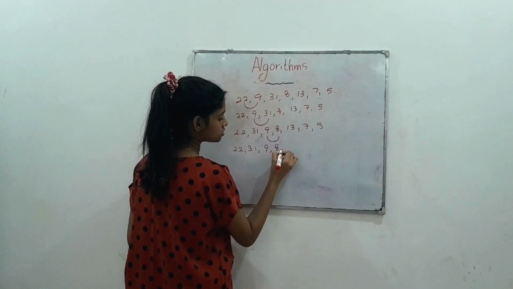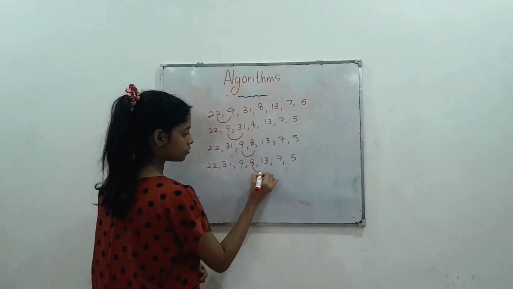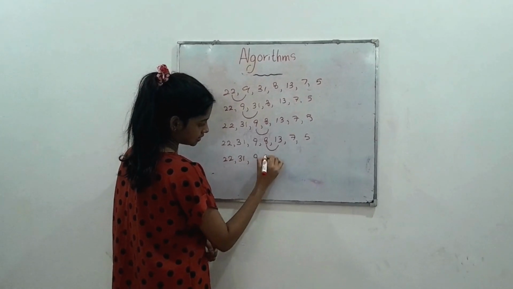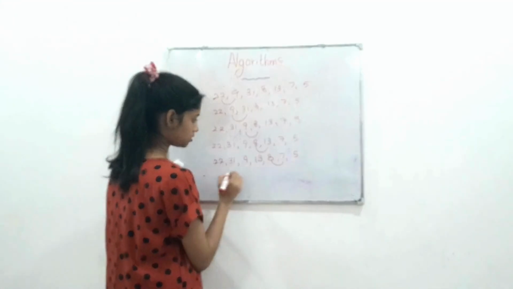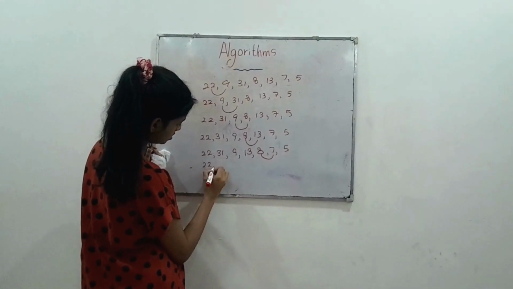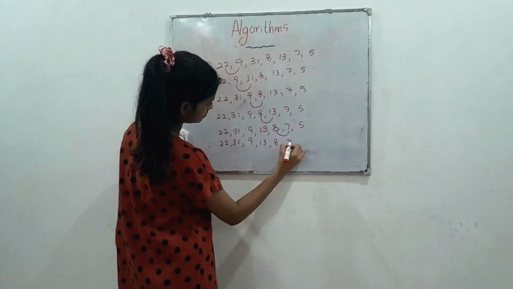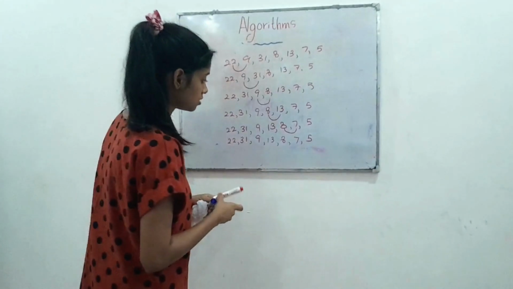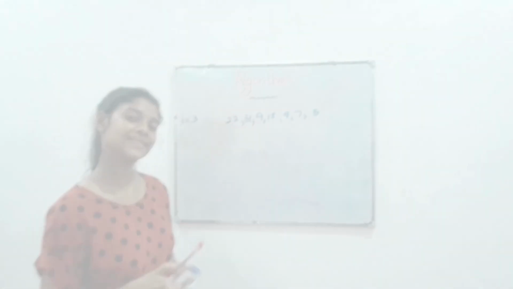No swapping because 9 is already larger than 8. Next you check these two. Yes, it changed because 13 is larger than 8. Okay, there are no more swapping because this has already sorted, no?